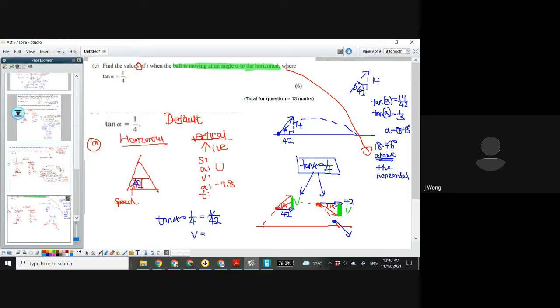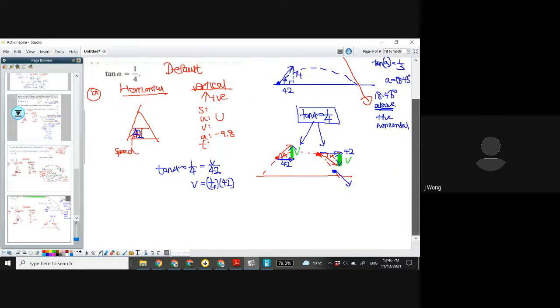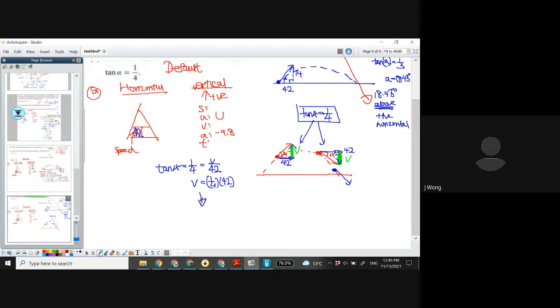So V is a quarter times 42. Bear in mind this is just the size of this length, so it could be either positive, pointing up, or negative, pointing down. So V actually could be plus or minus a quarter of this number.